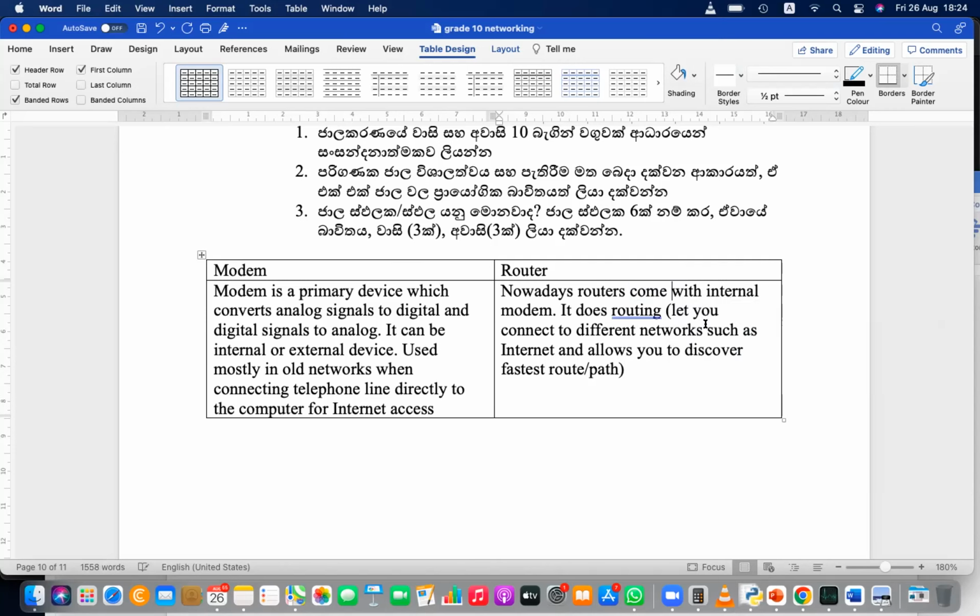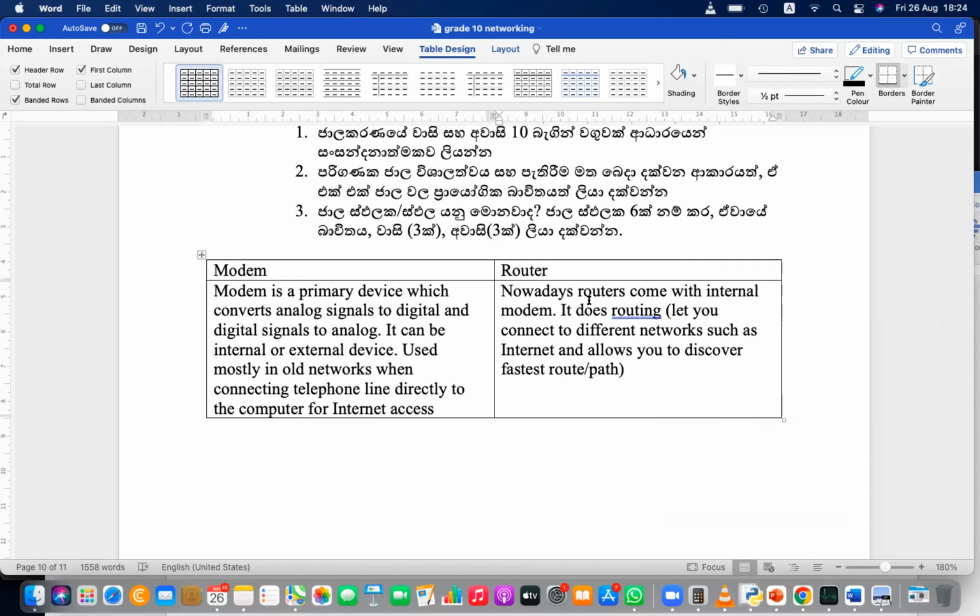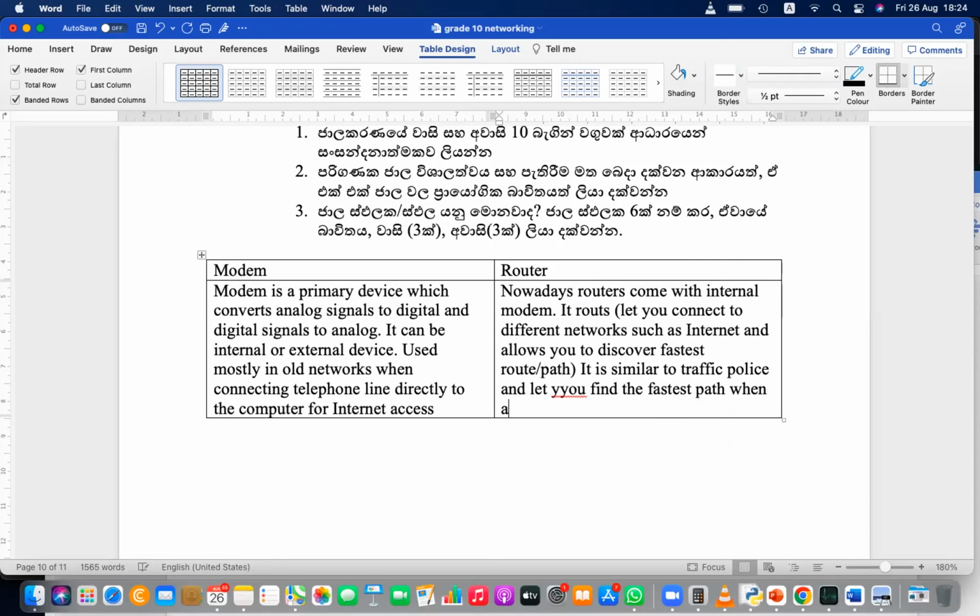It routes. That means it lets you connect different networks. So it's like a traffic police. It is similar to a traffic police and lets you find the fastest path when accessing a resource on the internet.